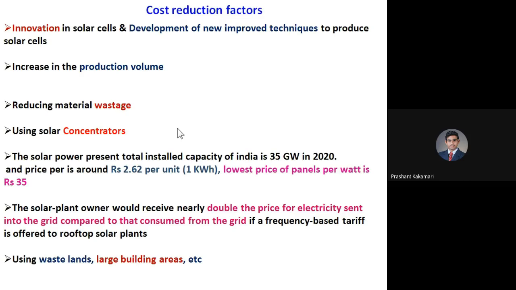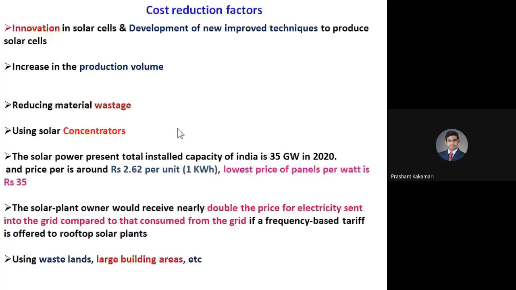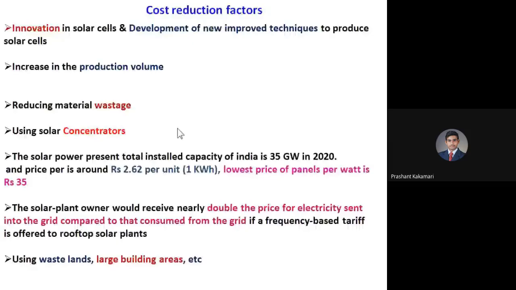So as of present, we can go for the PV system. Initially, he may have to invest more money, but after some time, he may get almost double the price of electricity sent into the grid compared to that consumed from the grid.